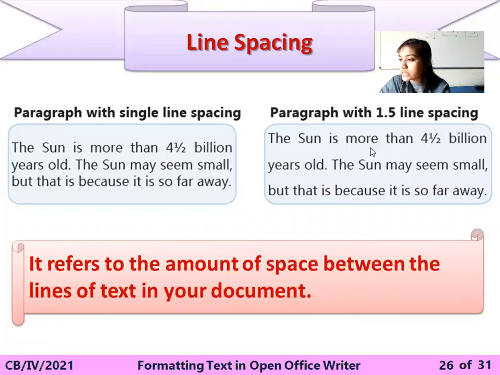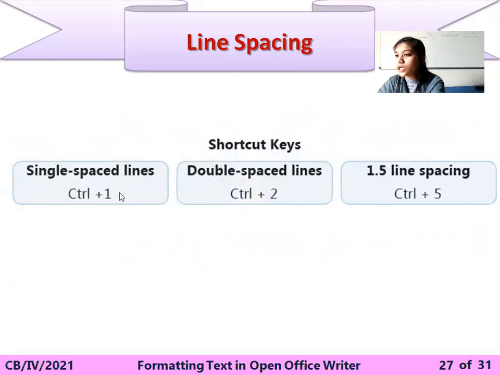Both are the same paragraph, but the space between the lines is larger in the second paragraph. It refers to the amount of space between the lines of text in your document. Shortcut keys: single line spacing, Control plus 1; double line spacing, Control plus 2; 1.5 line spacing, Control plus 5.